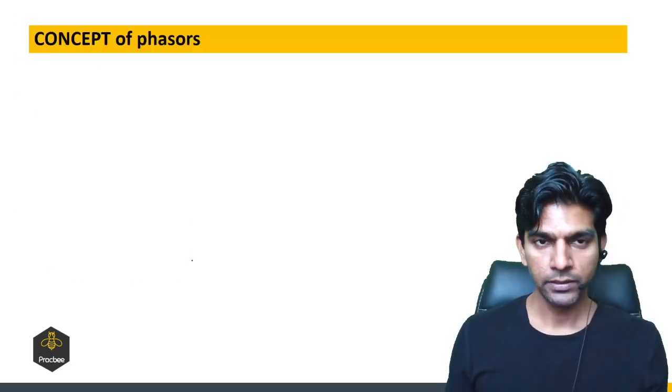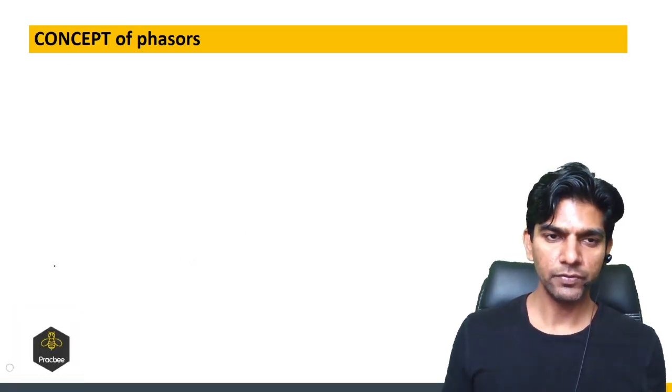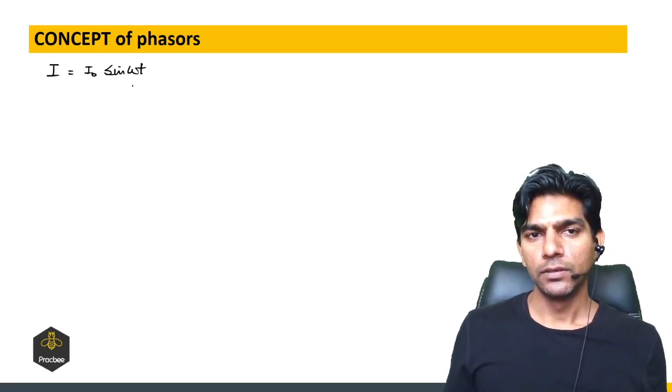Now let us see a very important concept, the concept of phasor. Let us say we have an alternating current, I equals I naught sine omega t, right?